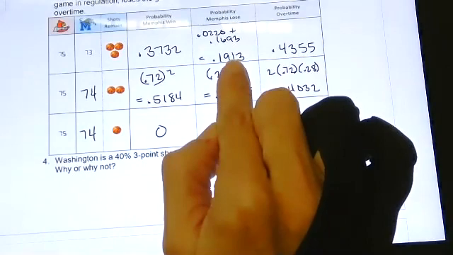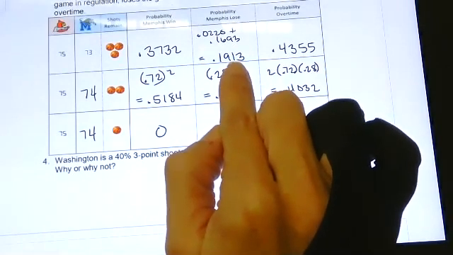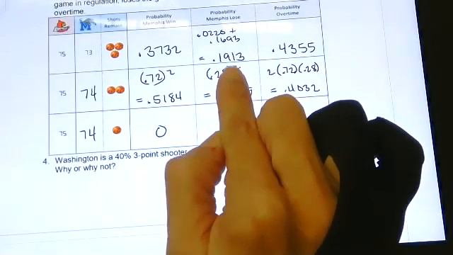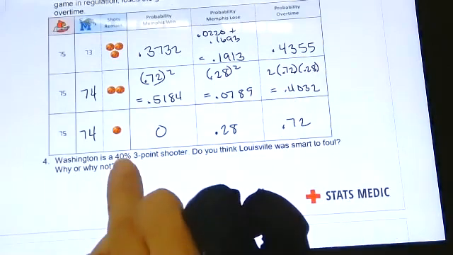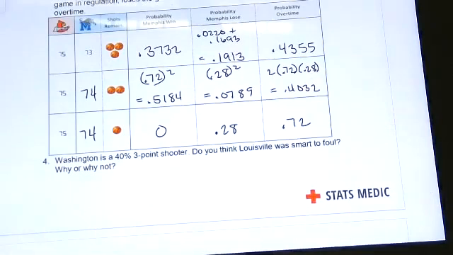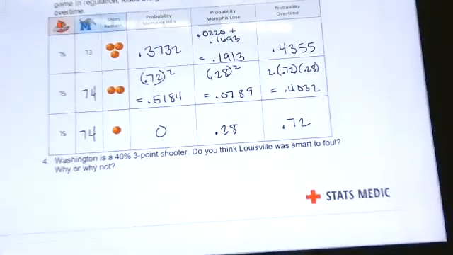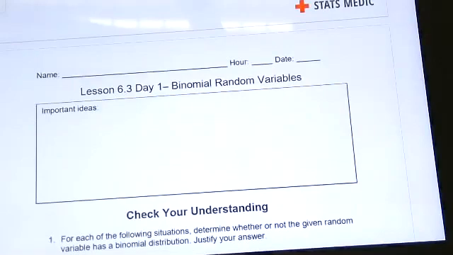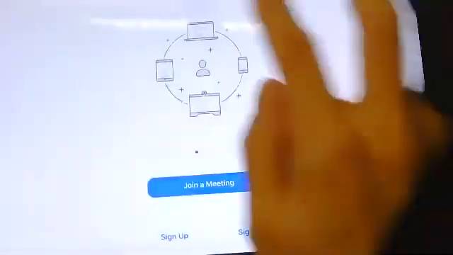Notice here, the chance that Memphis loses, so the chance of Louisville just winning the game, is about 19%. Whereas if they let him make the 3-point shot, it would have been about 20%. So it didn't change a whole lot. So you could argue that it might not be worth the foul, but there is at least a little bit of change there. So there's no right or wrong answer there, but that is a good analysis of what's going on.